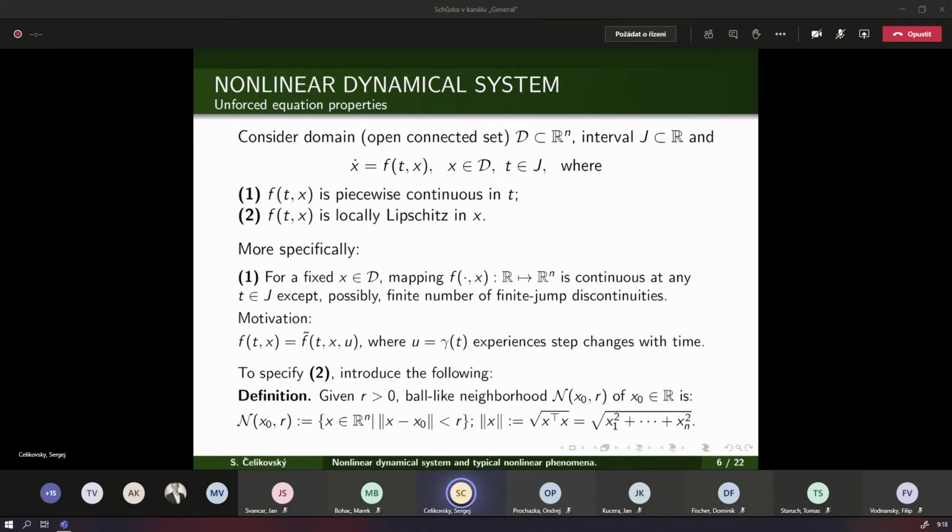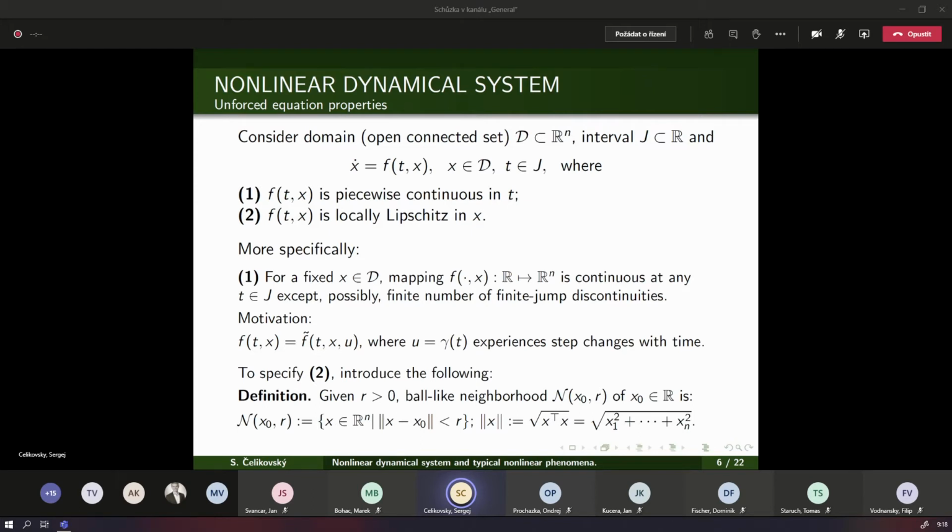Because we would like to use these equations to predict our future and then to decide what to do. So how can we predict the future if our model is providing either no future at all or several future scenarios? So we need to have what is called a deterministic system.